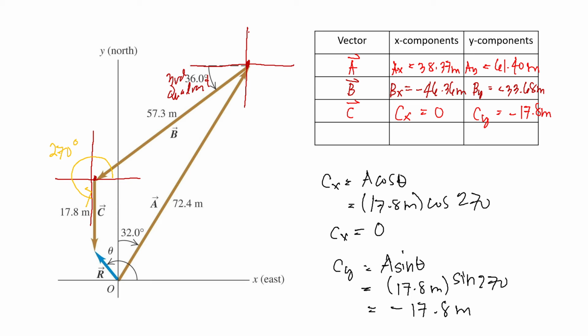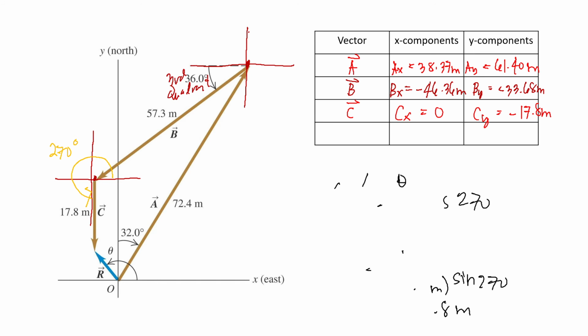This is just to show you that your cx is indeed 0 and your cy is negative 17.8 meters. Okay, so let me just erase this one for a while.